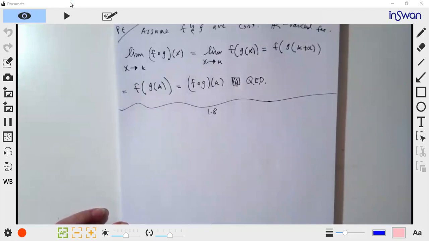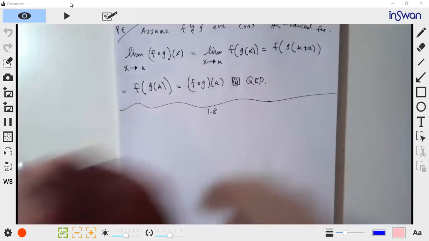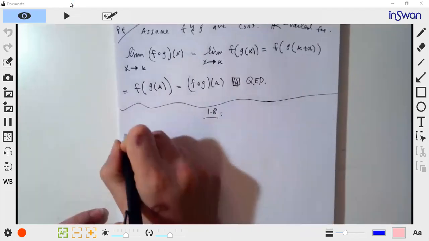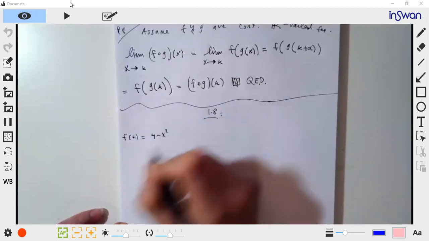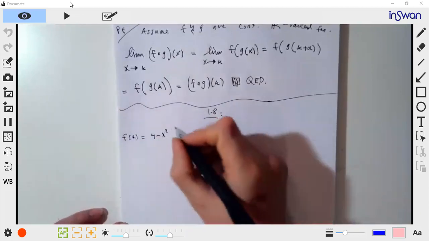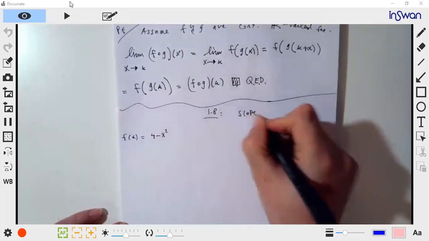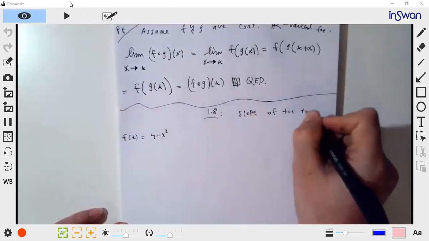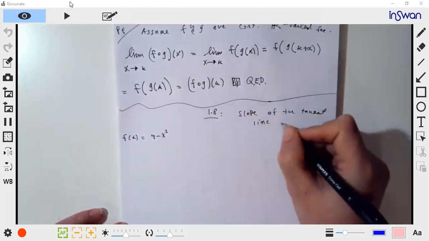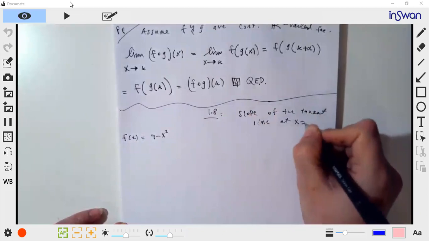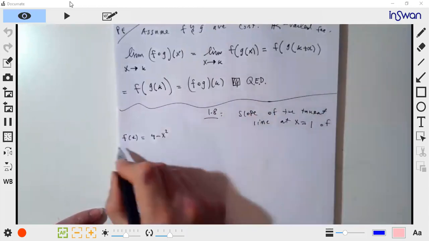So recall when we tried to find the slope of the tangent line to this function before, a long time ago in our beginning discussions of calculus, we wanted to find what is the slope of the tangent line at x equals 1 of this function.